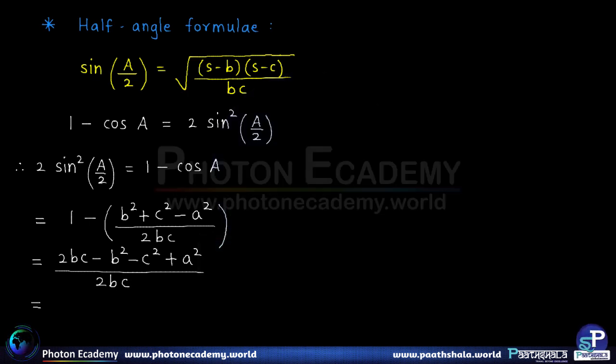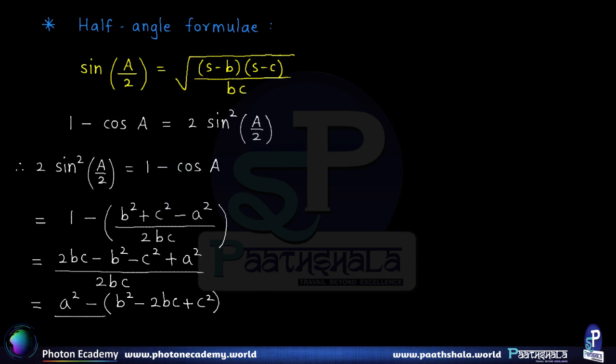Now I will write a square first and minus, keeping all the terms inside the bracket, we get b square minus 2bc plus c square. Basically all the remaining 3 terms will have their signs reversed, whole divided by 2bc as it is.